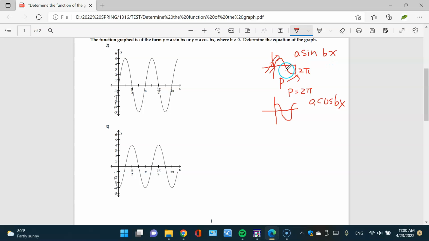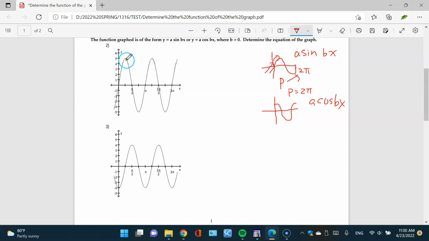They might repeat many times within the 1 period, or just one complete rotation, which is one curve up, another curve down. This is a standard period within the 1 rotation. So that would be the 2 pi. They might repeat many times within the 2 pi. So that's the reason why we need to find B.